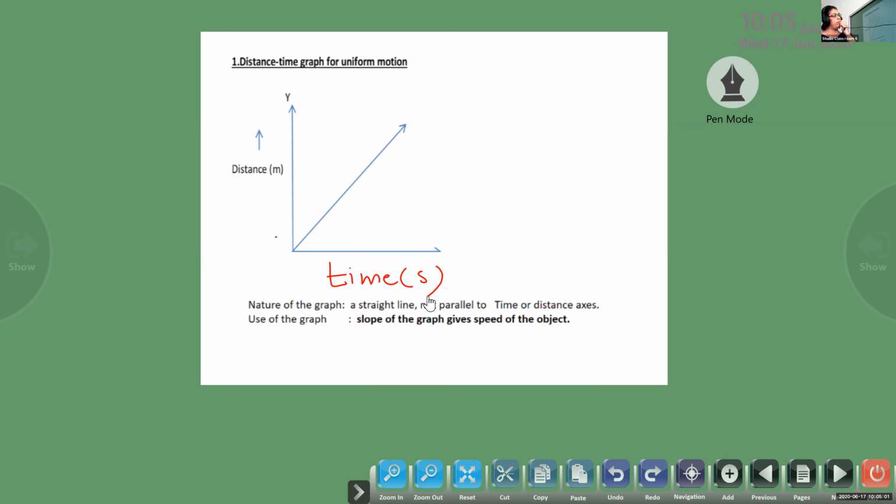Uniform motion means what? An object that covers equal distance in equal intervals of time.